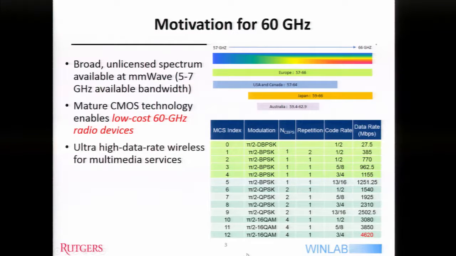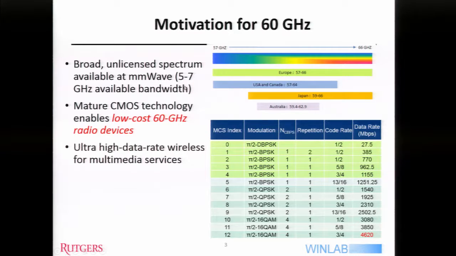First, why I want to start with the 60 gigahertz network. Back in 2008 or 2009, the FCC allocated a large amount of unlicensed spectrum for the 60 gigahertz, followed by other countries worldwide.